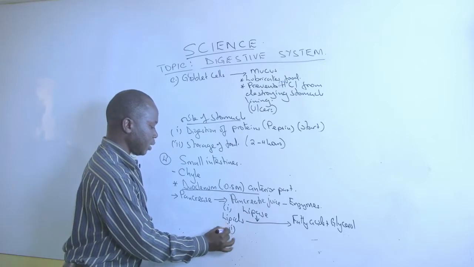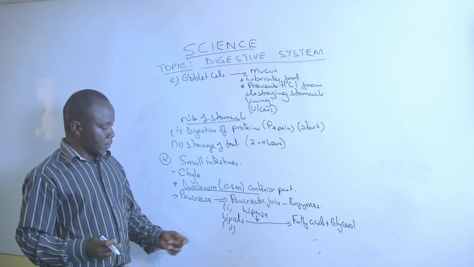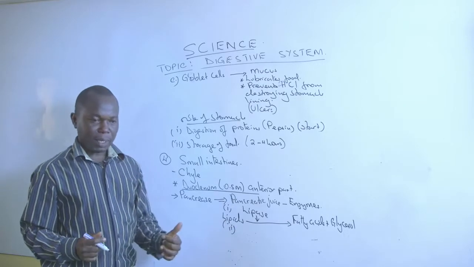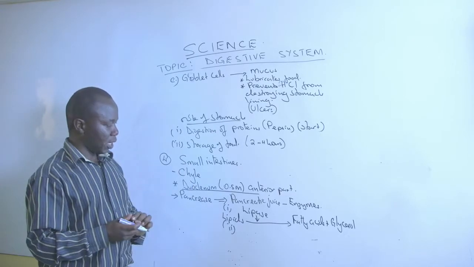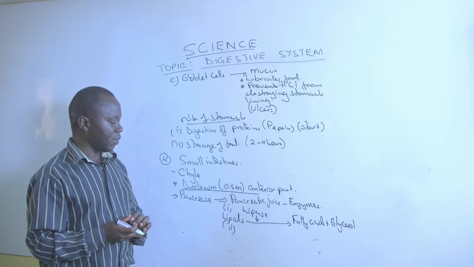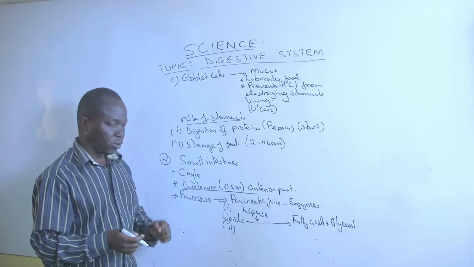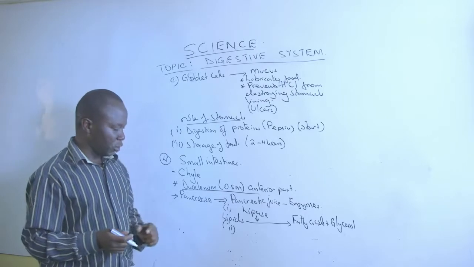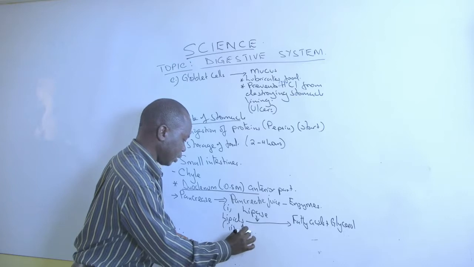Another enzyme is pancreatic amylase. It is specified as pancreatic amylase because in the mouth we come across another amylase, which we call salivary amylase. But they have the same function, only that their source of production is different.